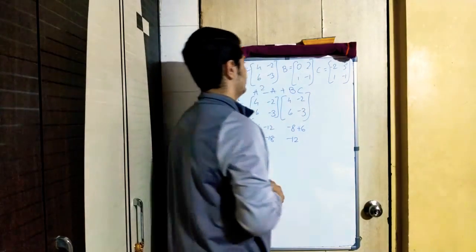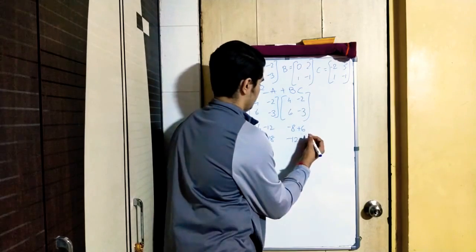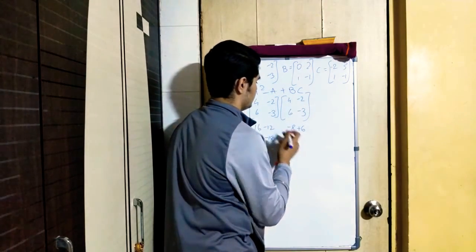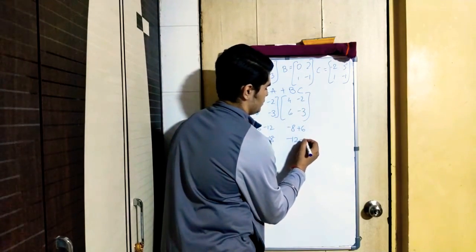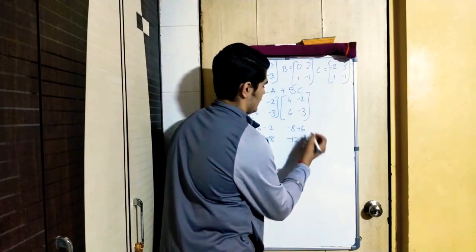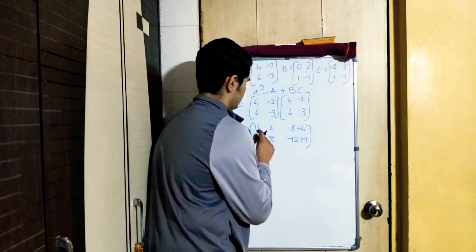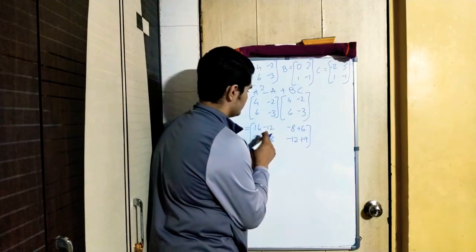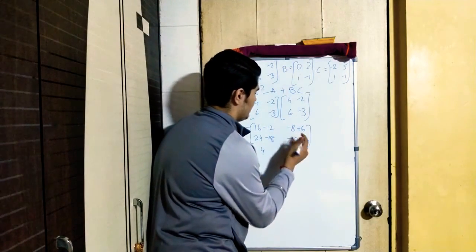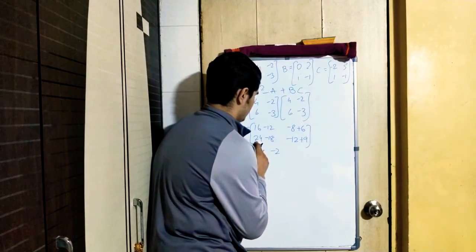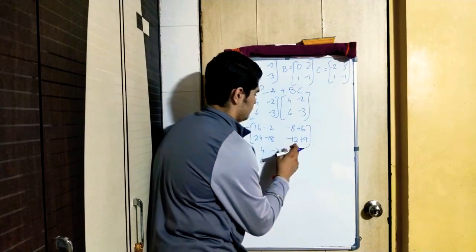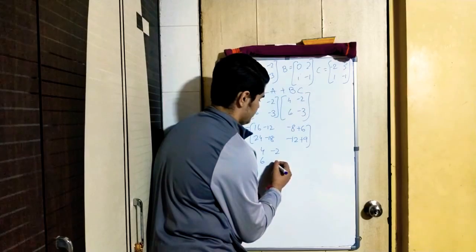I hope you are understanding. So 6 into minus 2 is minus 12. Minus 3 into minus 3 is plus 9. So we get 16 minus 12 is 4. Minus 8 plus 6 is minus 2. 24 minus 18 is 6. Minus 12 plus 9 is minus 3.